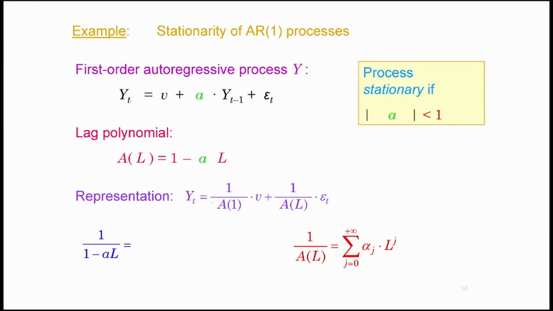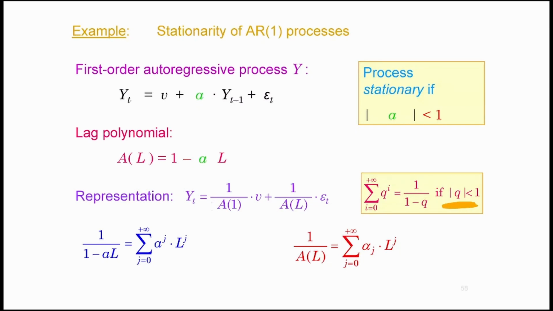In the case of a first order autoregressive process, you know from geometric series that the limit of a geometric series is going to be 1 by 1 minus q, if q is the base for these members, if and only if the absolute value of q is less than 1. So that series would exist if and only if the absolute value of a is less than 1. As you see, the inverse exists if and only if the process is stationary, literally speaking.